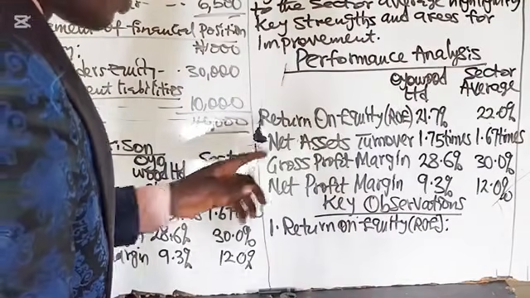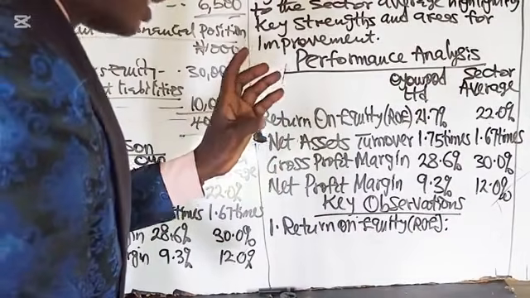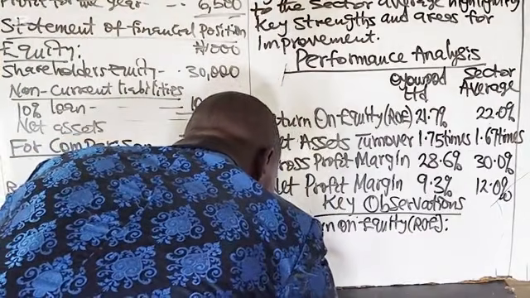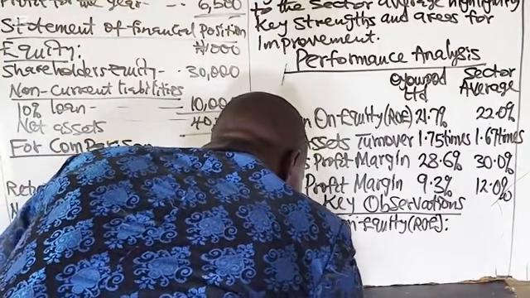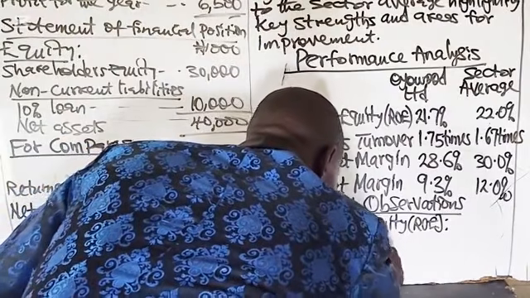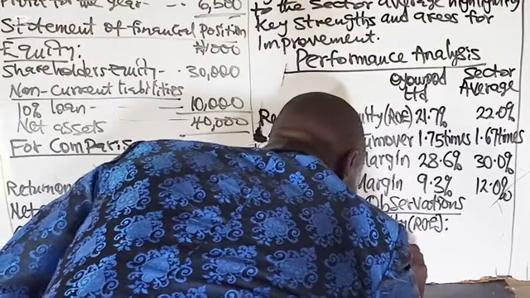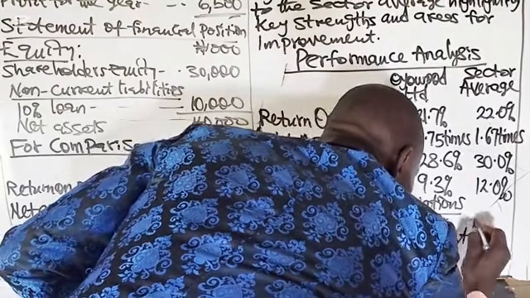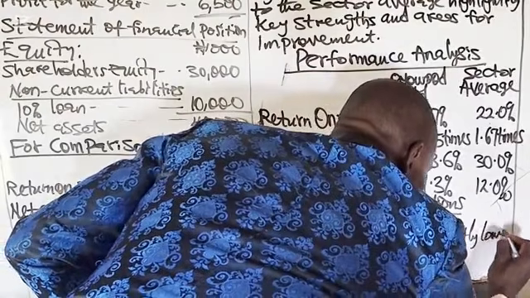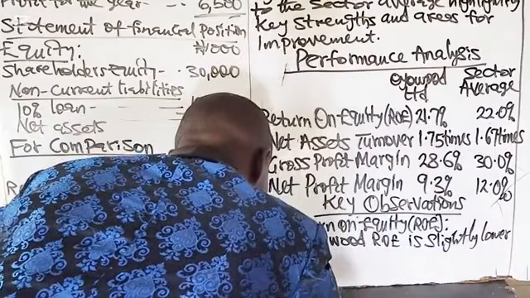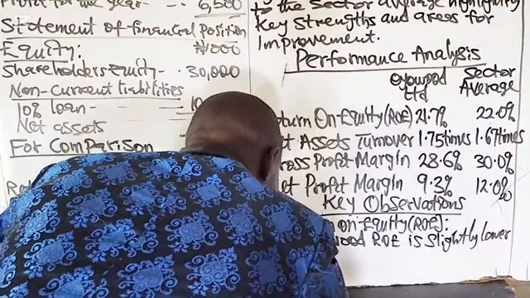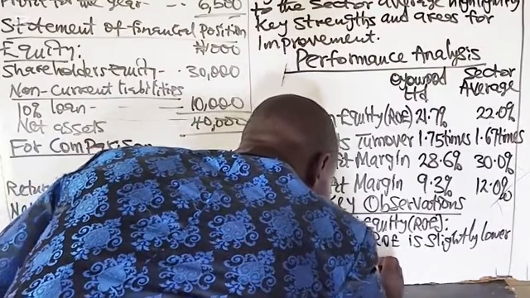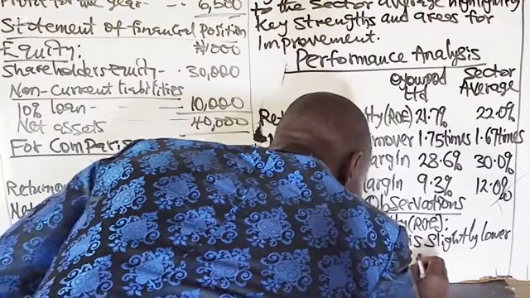That means Oyo Wood return on equity is slightly lower than the sector average.